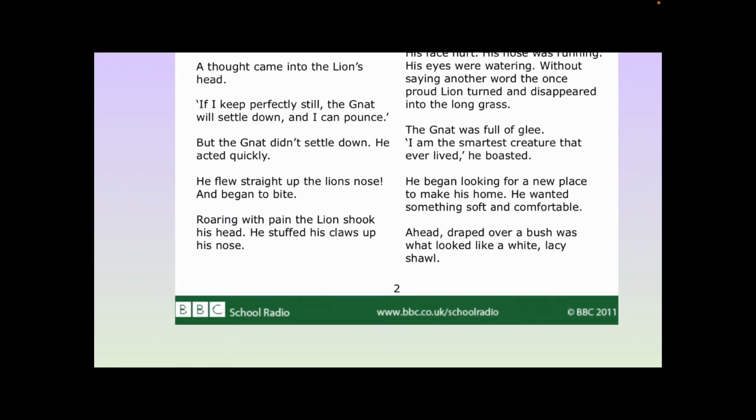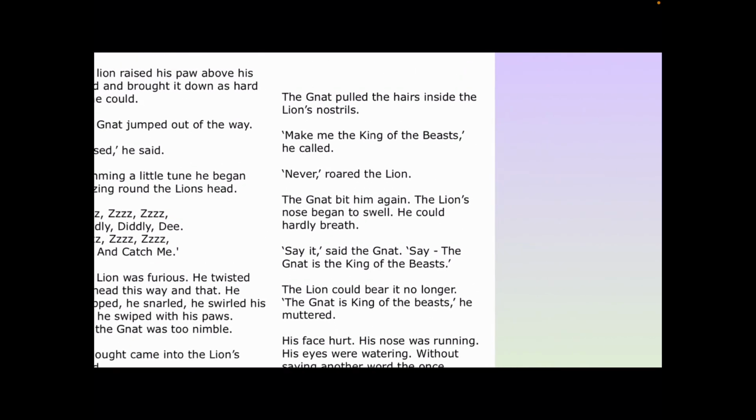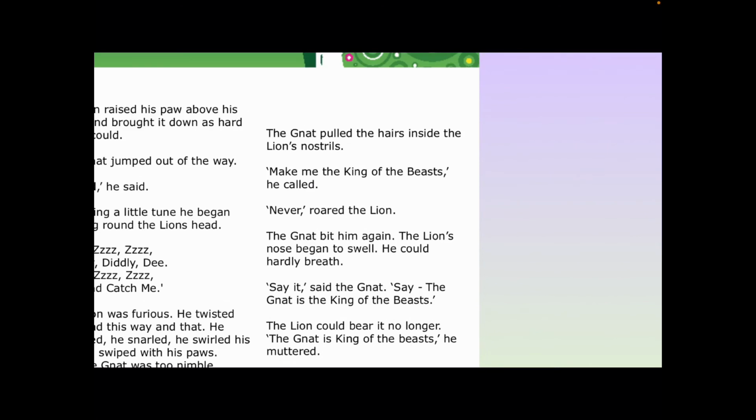If I keep perfectly still, the gnat will settle down and I can pounce. But the gnat didn't settle down. He acted quickly. He flew straight up the lion's nose and began to bite. Roaring with pain, the lion shook his head. He stuffed his claws up his nose. The gnat pulled the hairs inside the lion's nostrils. "Make me the king of the beasts," he called. "Never!" roared the lion. The gnat bit him again. The lion's nose began to swell. He could hardly breathe. "Say it," said the gnat. "Say the gnat is the king of the beasts." The lion could bear it no longer.